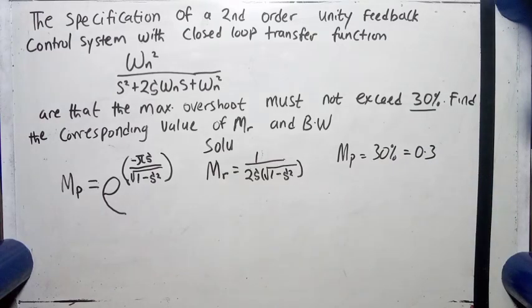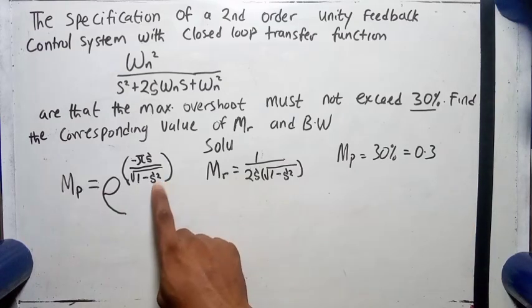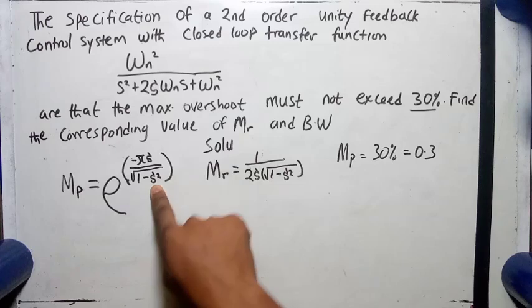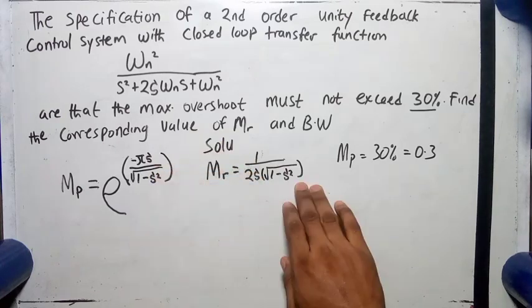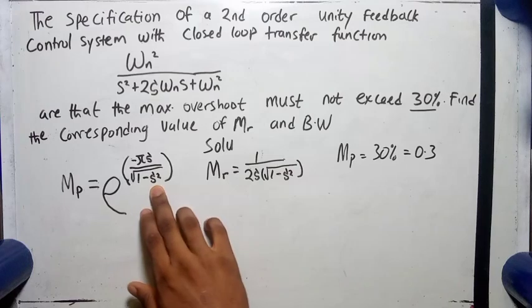Now, we are going to put this into this formula to get our zeta, then that value we get, we substitute it into this to get our final answer. Okay, it's going to be a long one, but our aim now is just to make zeta the subject of the formula. That's what this is all about. There is no technical thinking here, just making this the subject of the formula.